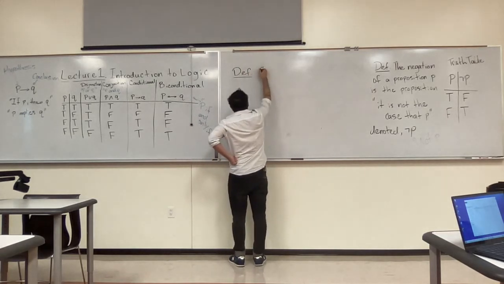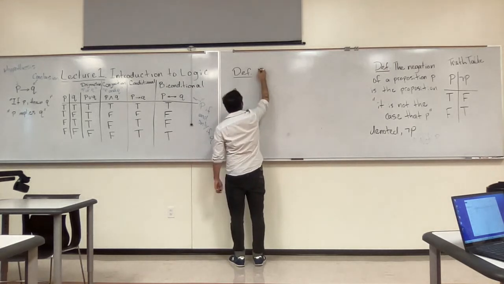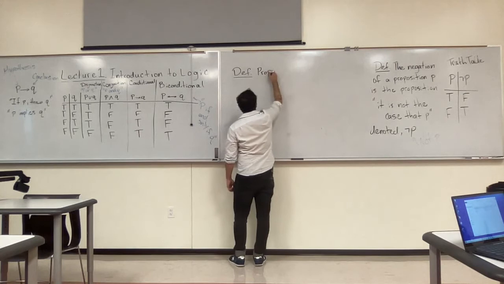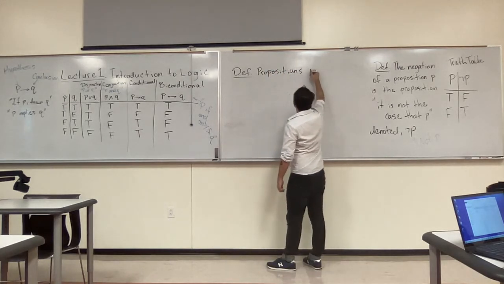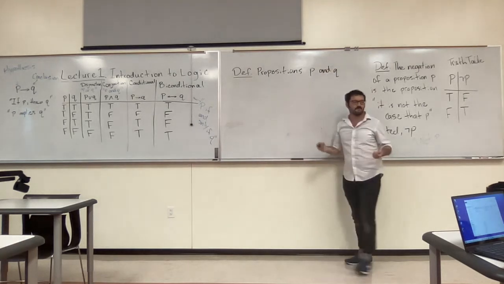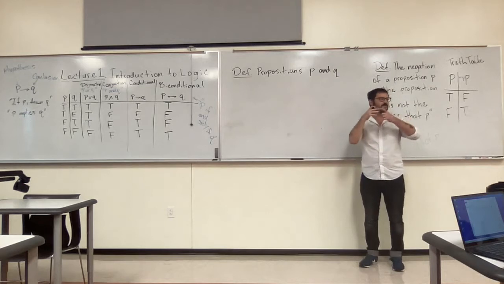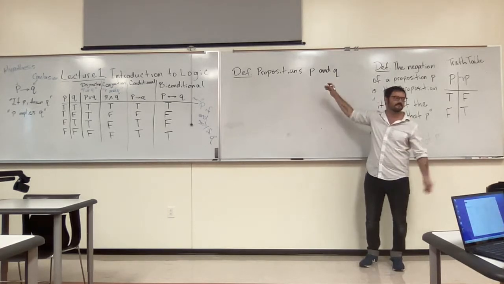So compound propositions, or you can just think of them as propositions, P and Q. P and Q could themselves be compound propositions. They could be any combination of propositions together, but I'm just representing them by a single letter.